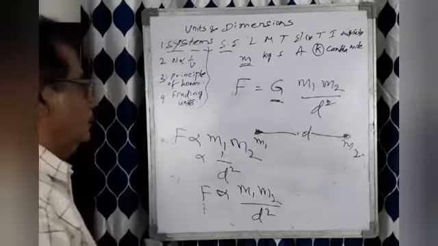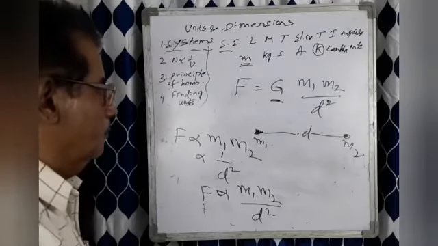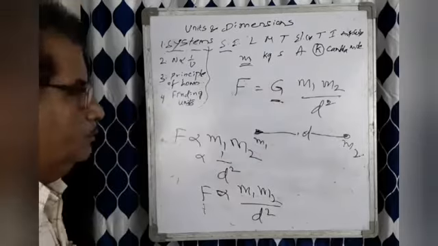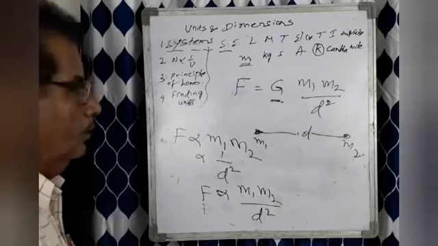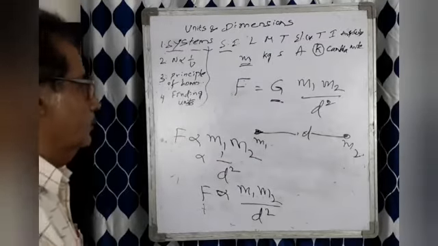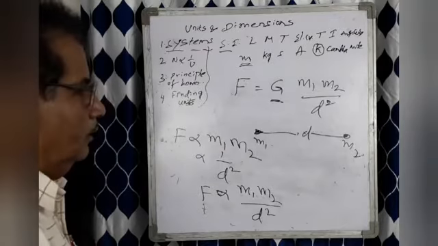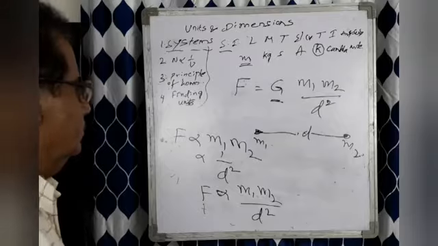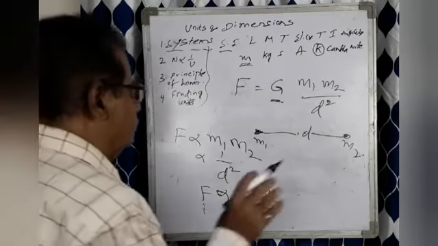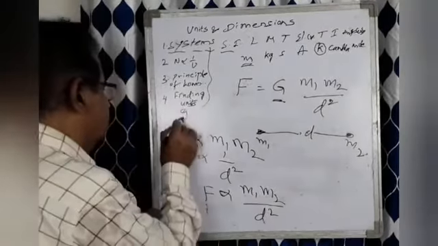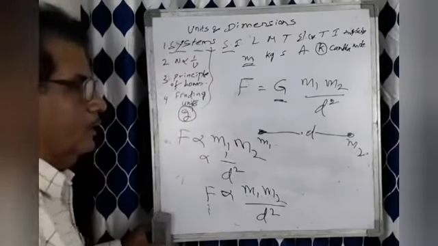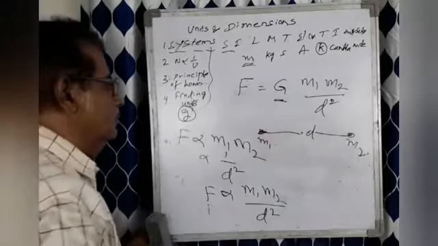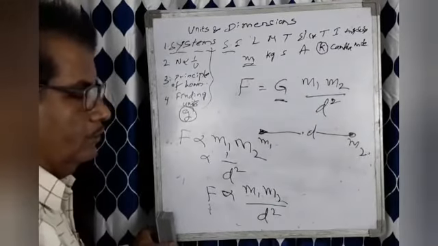That constant is called the constant of proportionality. Here this constant of proportionality is given a specific name called Newton's universal gravitational constant. F is equal to G, the symbol is capital G, because there are two G's. One is small g, the acceleration due to gravity. This capital G is the universal gravitational constant.